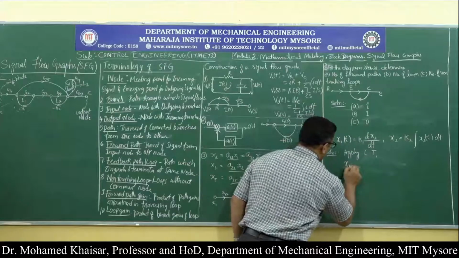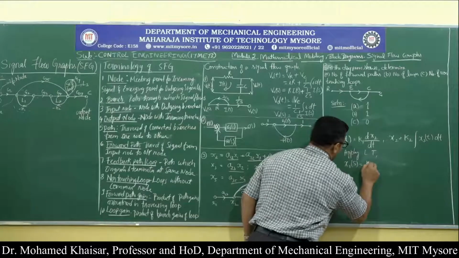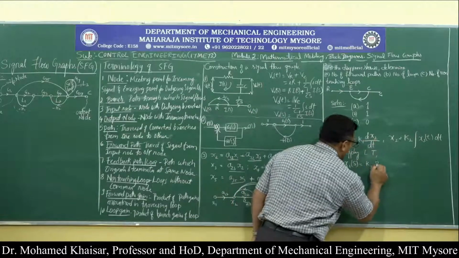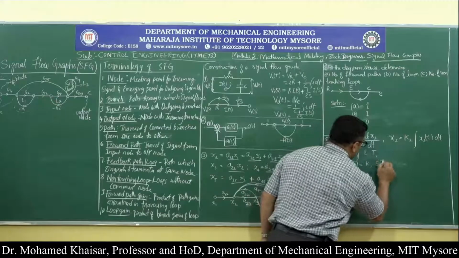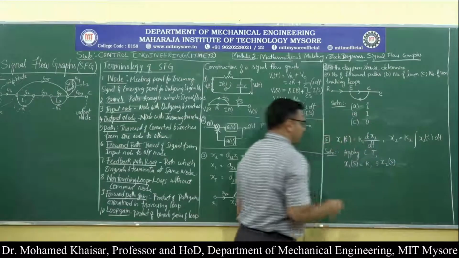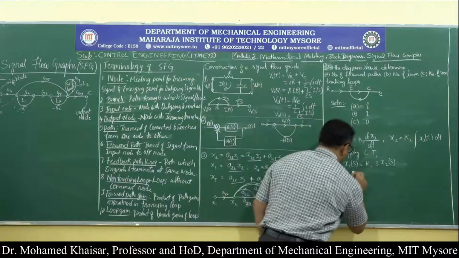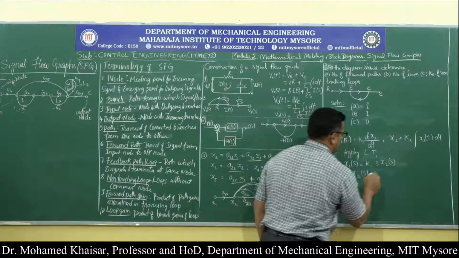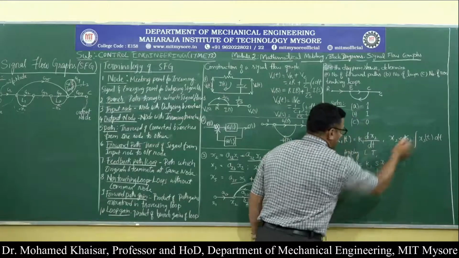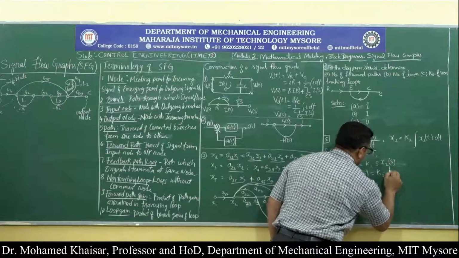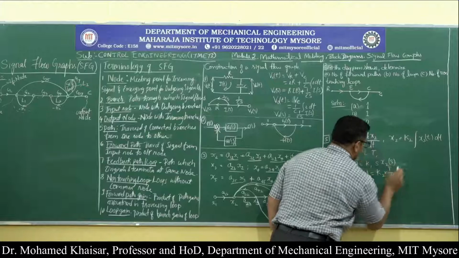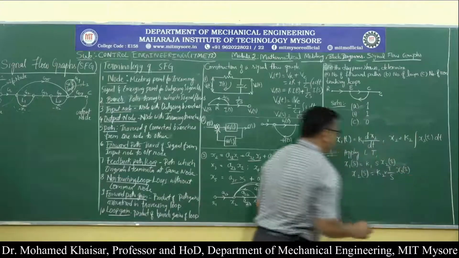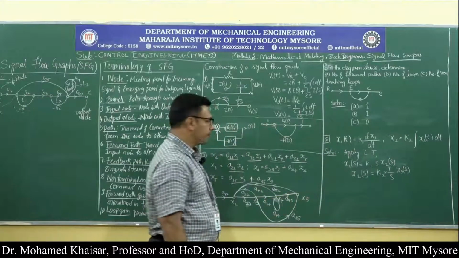Then x1 of s is equal to k1 into s into x2 of s, since d by dt is replaced by s. And x2 of s is equal to k2, the integral goes as 1 by s, into x3 of s. This is the replacement.